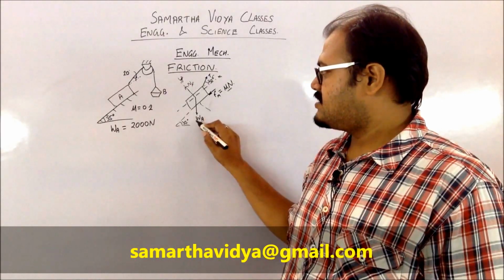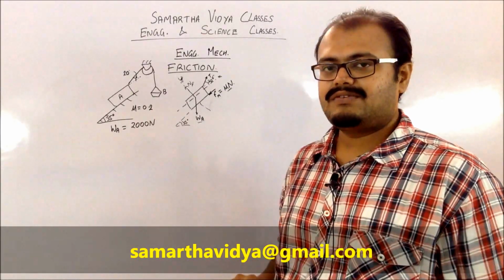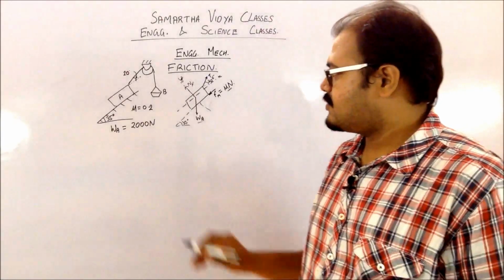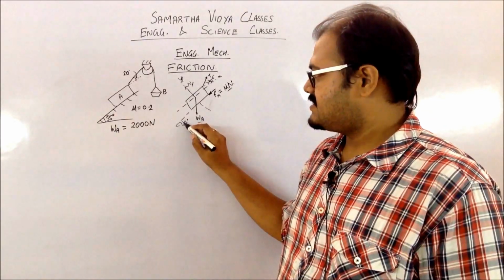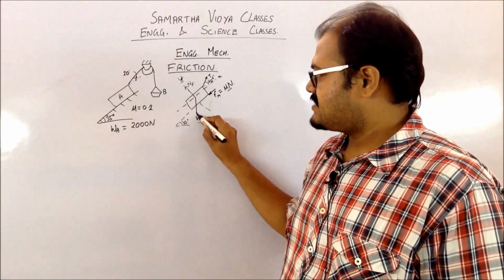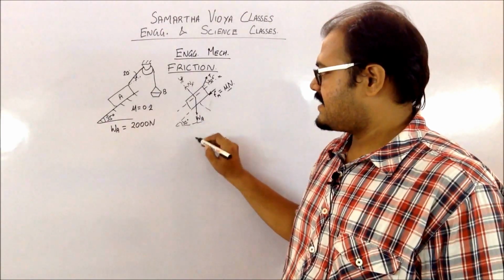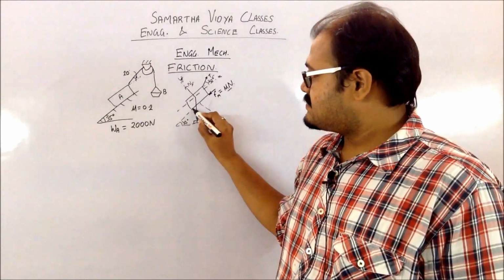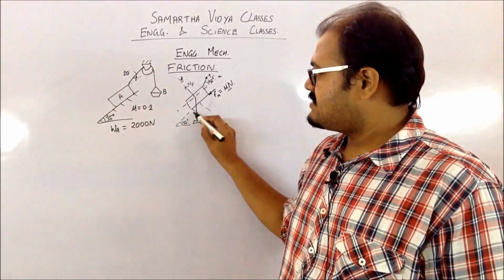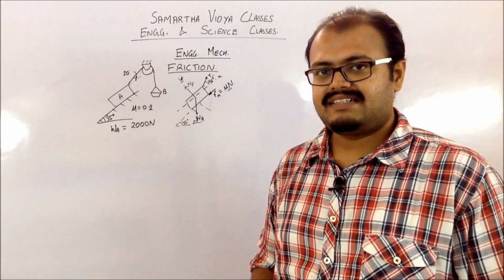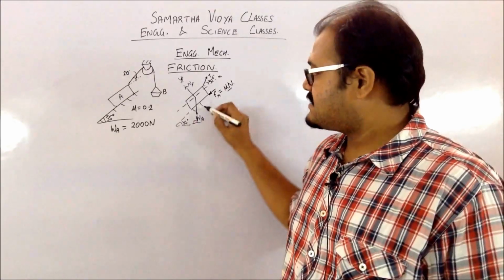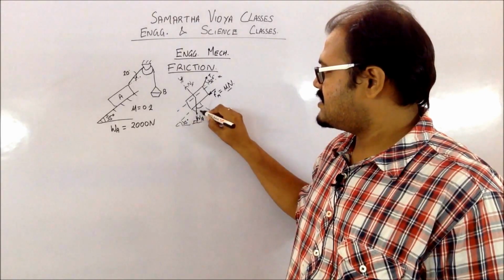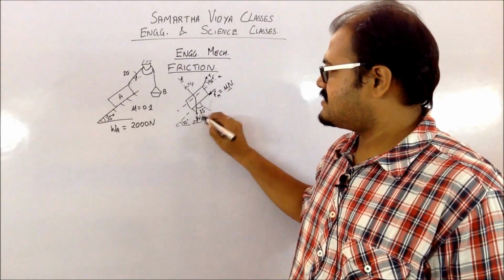To find your WA, what you need to understand is the geometry which is present. What you can see is that this particular angle is 35. If I just draw this particular triangle, I'll be getting this as 90 degrees. This particular angle is going to be 90 minus 35. And since this is perpendicular to this surface, this particular angle is going to be basically 35 degrees.